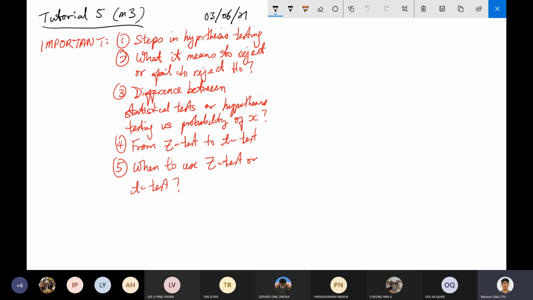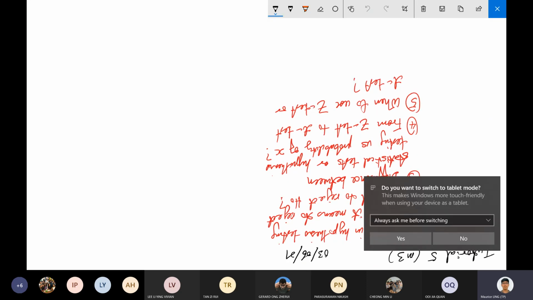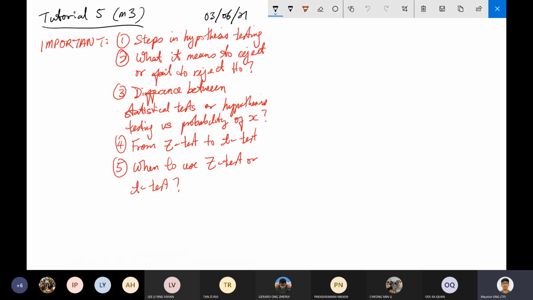I'm going to kill my laptop this way eventually, I think. Do you want to switch to tablet mode? Yeah. And it doesn't switch. What is wrong with it? Can anybody explain to me? I don't know what is wrong with it.